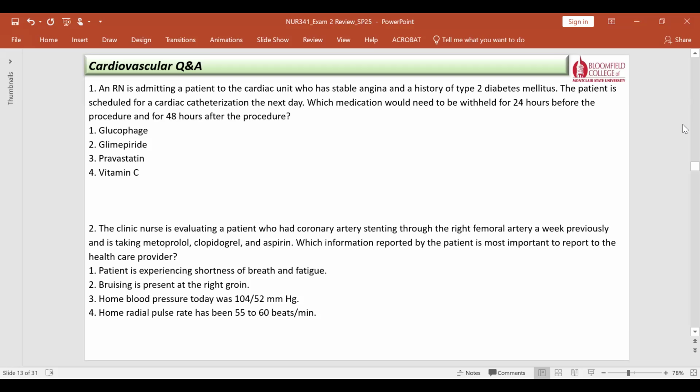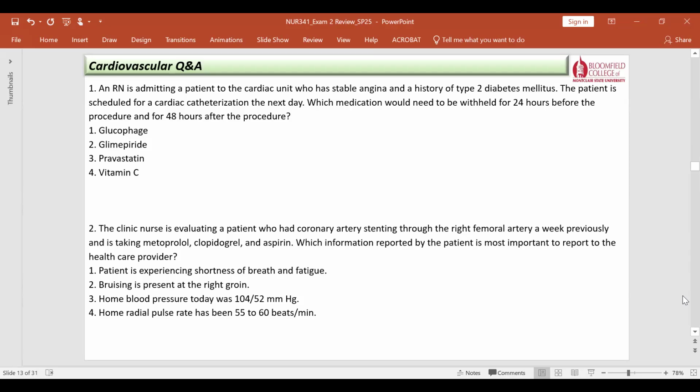For the ejection fraction, the formula says the stroke volume over the end diastolic volume, and that number multiplied by 100 will be the ejection fraction, because we know the ejection fraction is a percentage, supposed to be between 55 and 70 or 75. So make sure that you master the math formulas of MAP and ejection fraction.